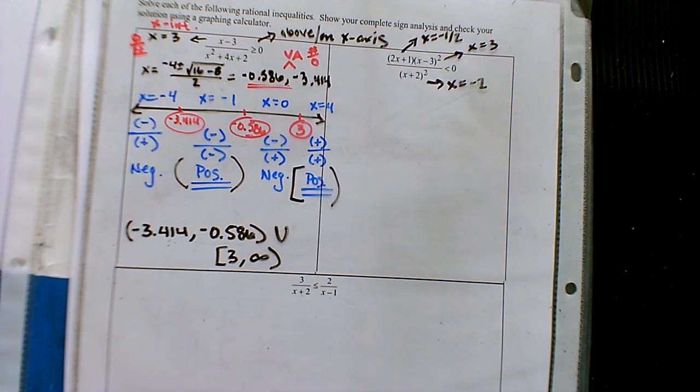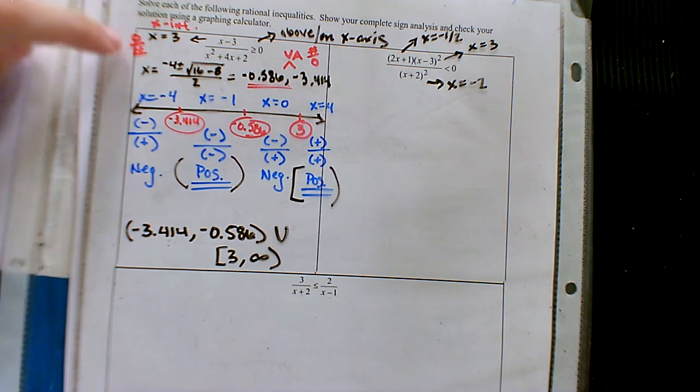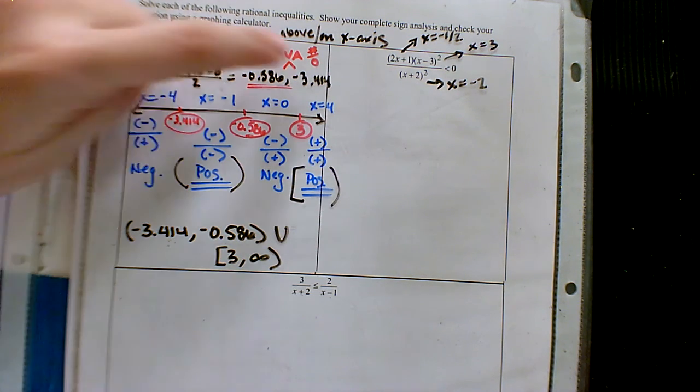So now that we have those numbers, let's identify what characteristic they would be on the graph. You have one of 3 possibilities: it's either an x-intercept, a hole, or an asymptote. Can we label them? 0 over number, x-intercept.